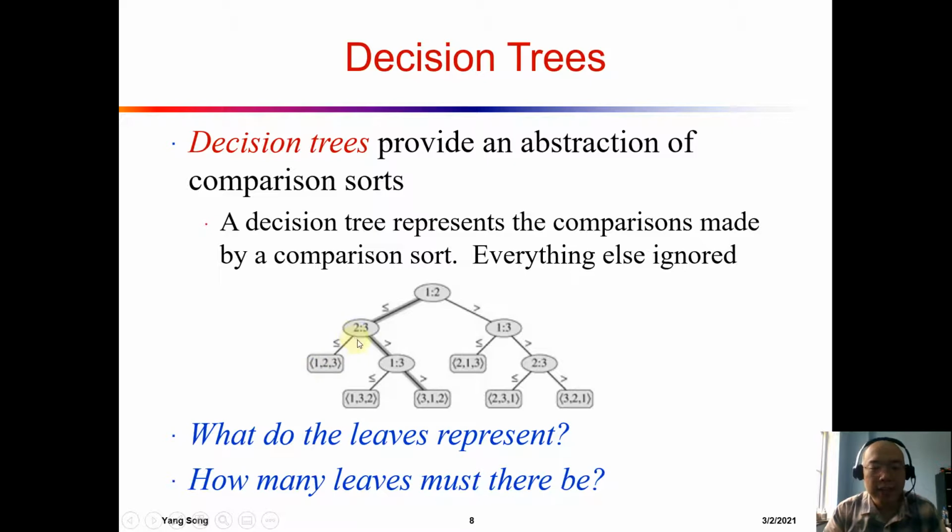If variable 2 is greater or equal to variable 3, we have to do a further comparison between variable 1 and variable 3, and depending on the result, we will get either variable 1, variable 3, variable 2, or variable 3, variable 1, variable 2 as the final sorted list. So this is a decision tree structure.